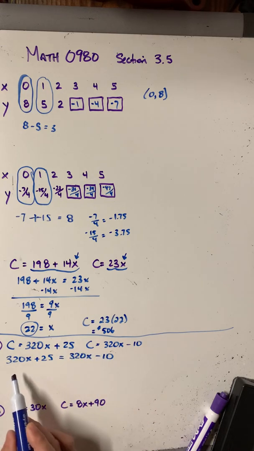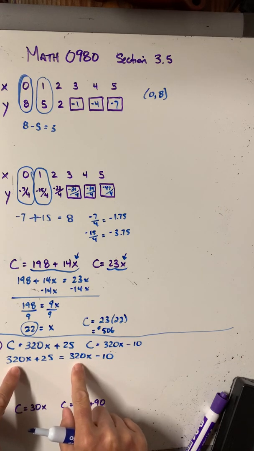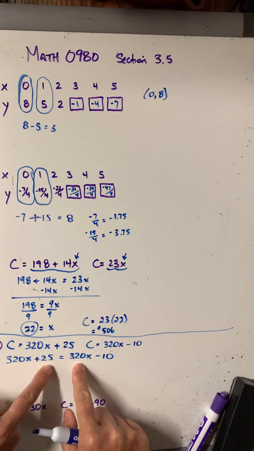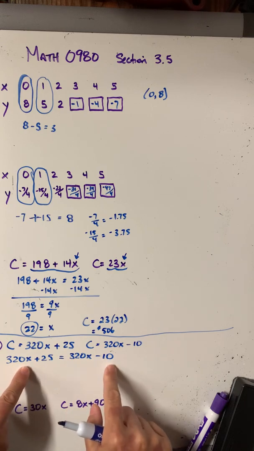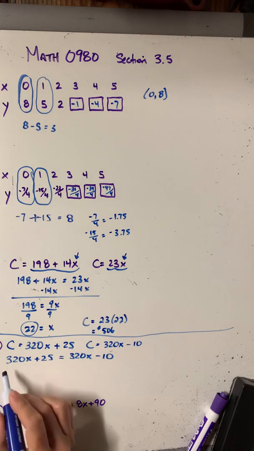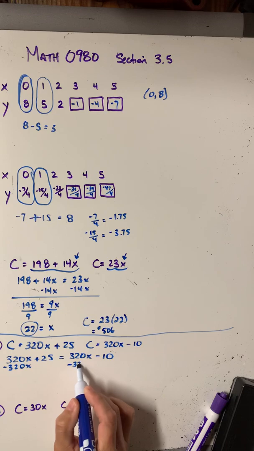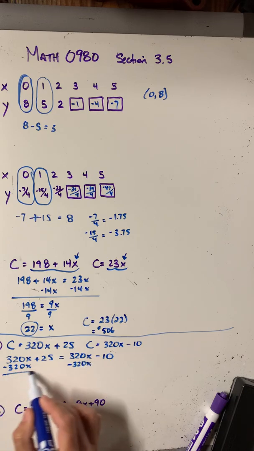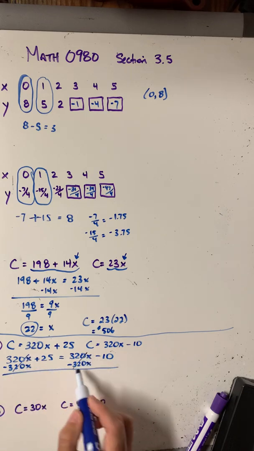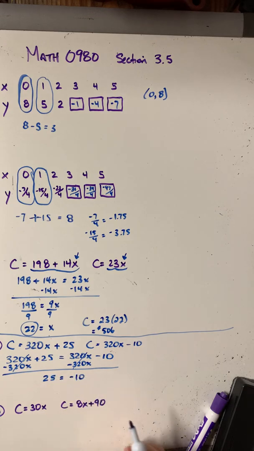Some of you will be able to notice at this point, I can't take a number times 320 and then add 25 on this side and subtract 10 on this side and have these be equal. But it may not be obvious, so what would we do? Let's move the x over to this side by subtracting 320x, but notice that they disappear on both sides. So I get 25 equals negative 10, which is never true. So in this case, you would say these will never be equal.